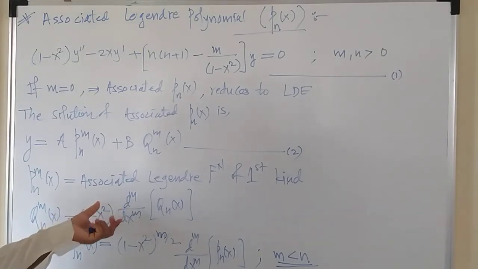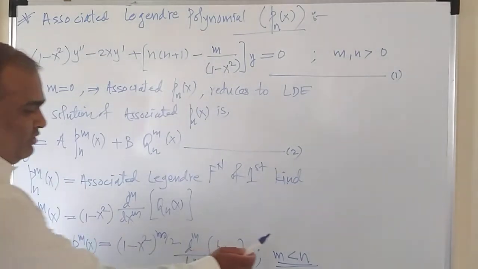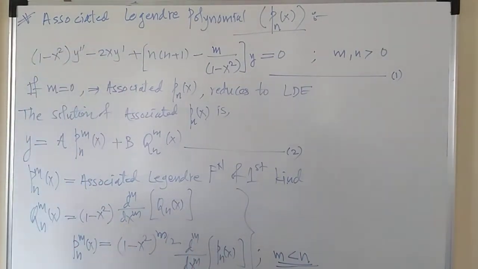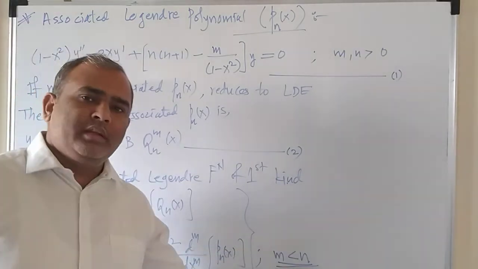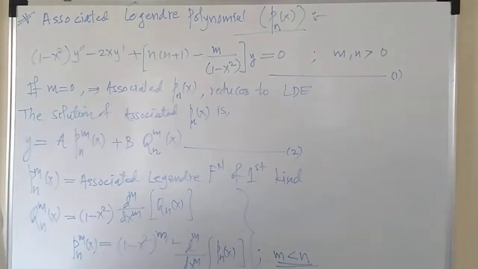The point of interest here is Pn m of x, because this is the associated Legendre polynomial. This condition, m less than n, is valid for both relations, Pn m of x and Qn m of x. If m is greater than n, then these values go to 0.